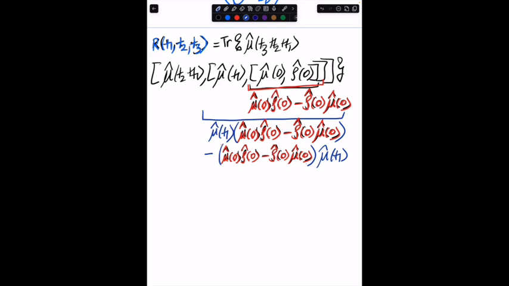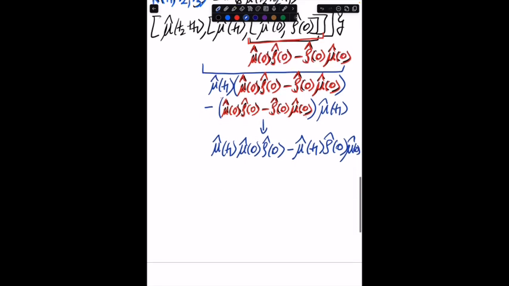And finally, you will have to commute this expression with mu t2 plus t1. But before I do that, I will have to do an expansion of this. Otherwise, it would get confusing. Mu t1, mu 0, rho 0, minus mu t1, rho 0, mu 0, minus mu 0, rho 0, mu t1, plus rho 0, mu 0, mu t1.